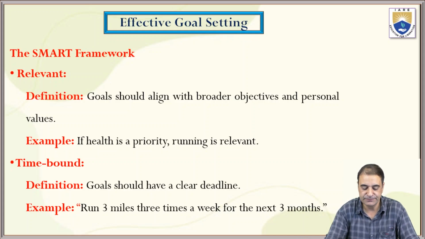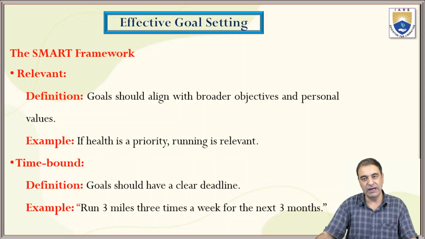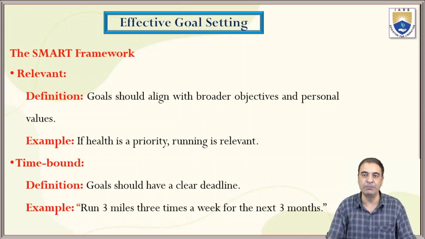For example, if health is the priority, running is relevant. Now my goal is to be very healthy. Now for this, running is very much relevant. If you run, surely you will be healthy.